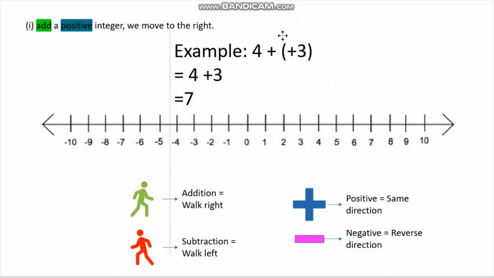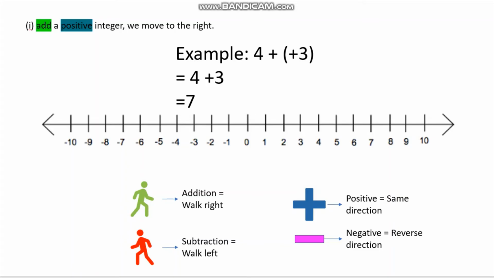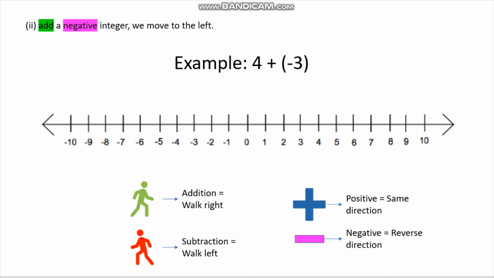Now let us get to the second case. In this case, we need to add a negative integer. Again, let us start with 4. We have to add a negative integer, so we consider it in two parts. First, we know it is addition, so it is indicating we need to walk to the right. But after that, we see that it's a negative number.